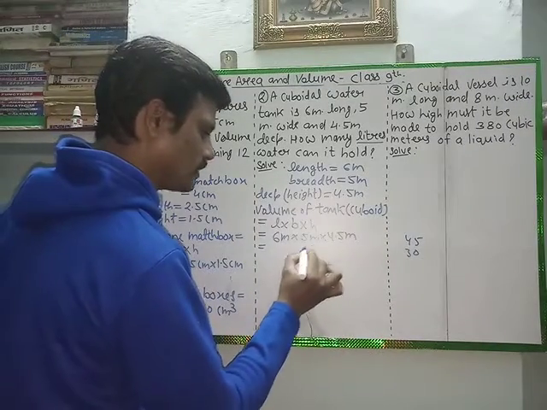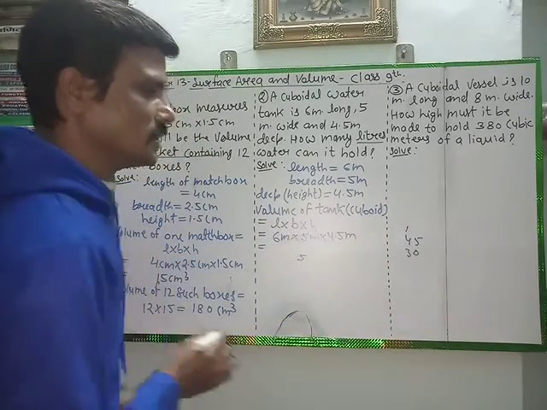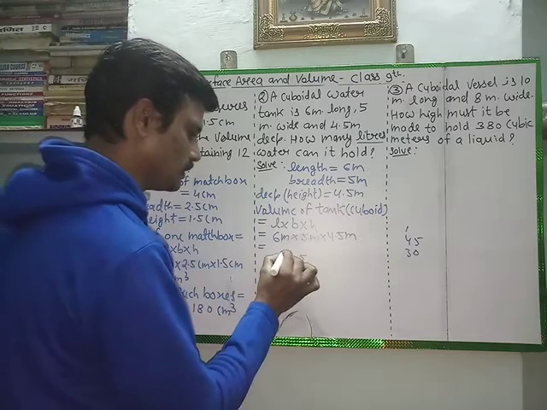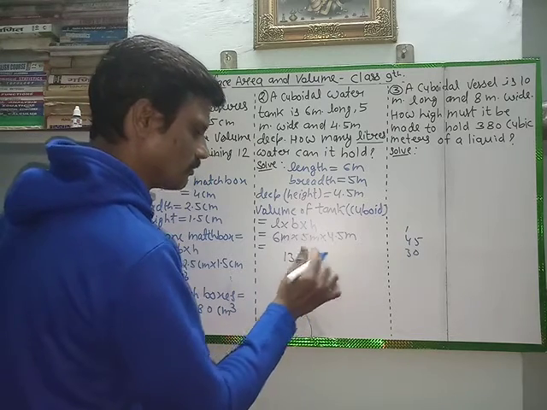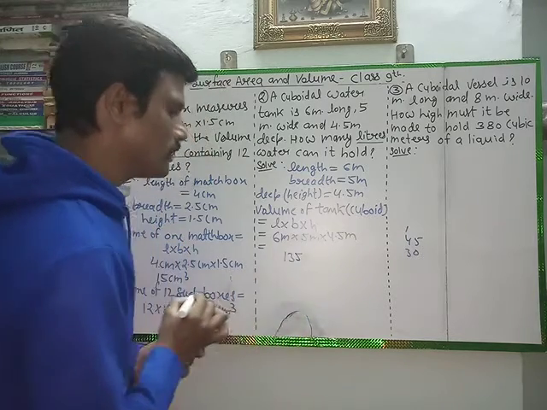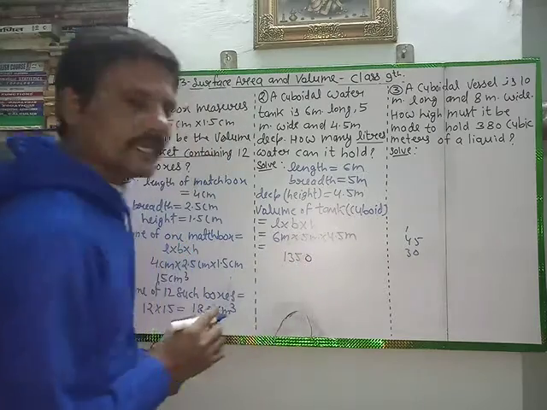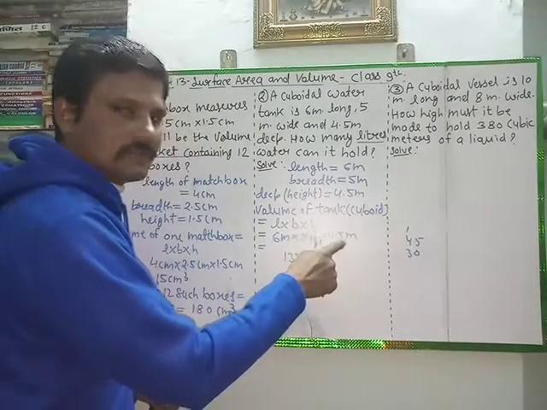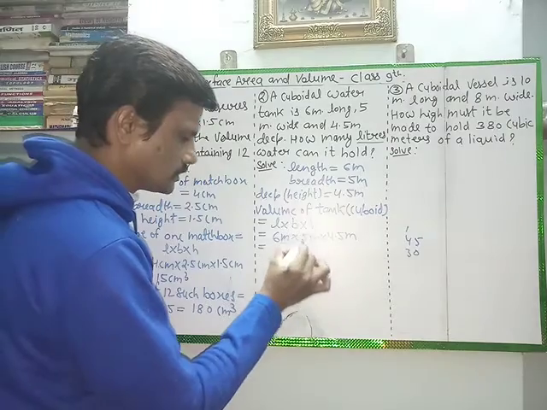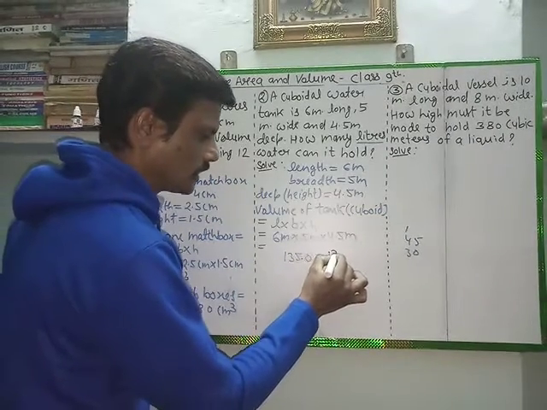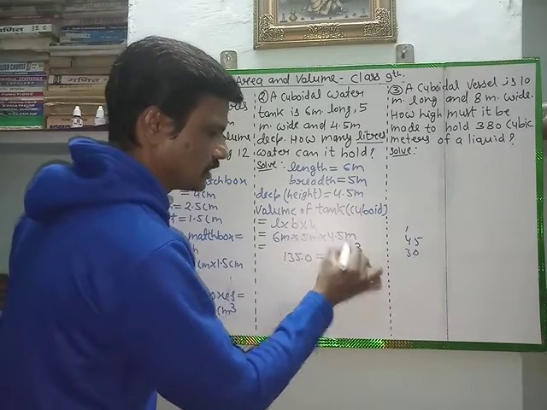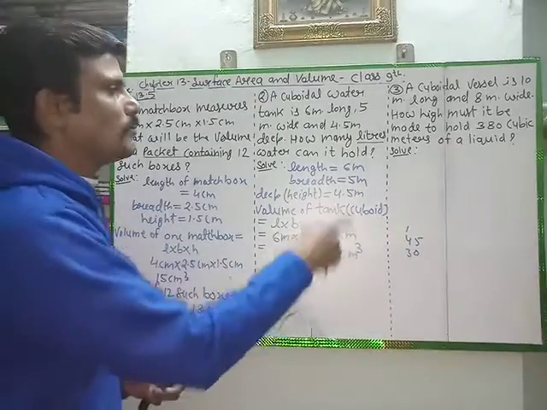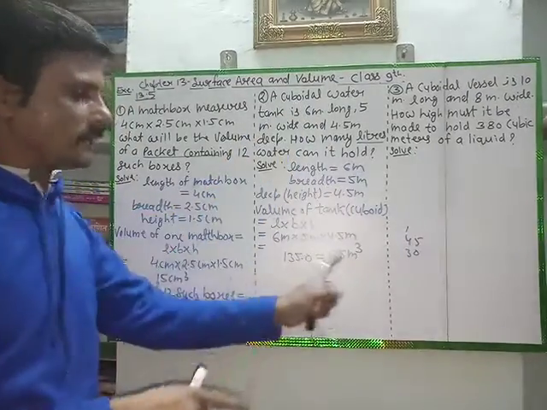3 5s are 15, carry 1. 3 4s are 12, 12 plus 1 is 13. So 1350, and we put 1 decimal place, so this will become 135 meter cube. This is the volume of this tank in meter cube.